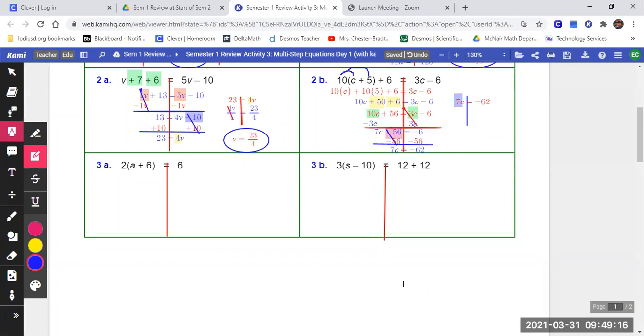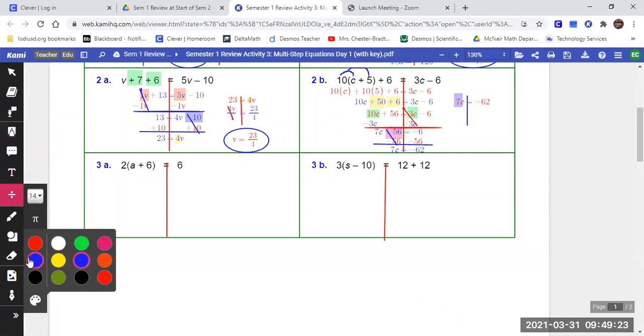Okay, and to get rid of it, we're going to do what? We're big oneing the 7 by doing what? How are we going to move that 7 out of there?